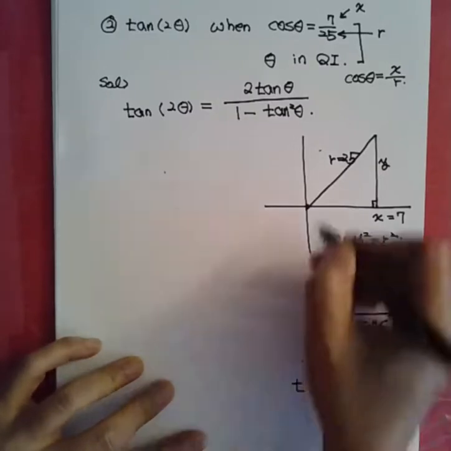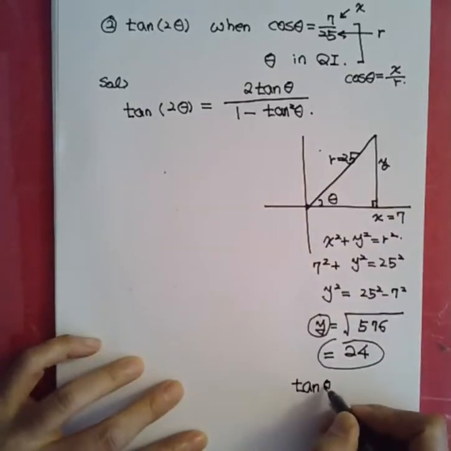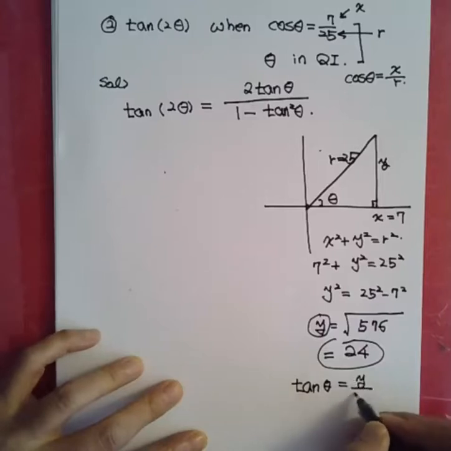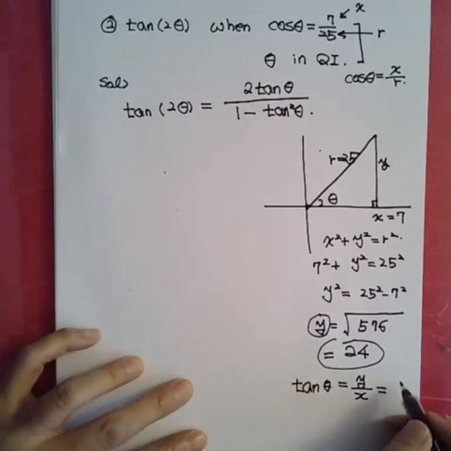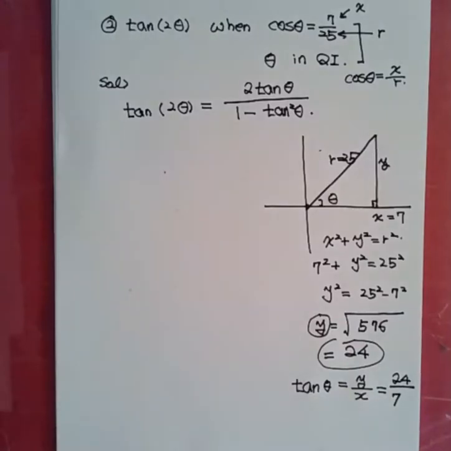So tangent of theta, this is theta, which was defined as y over x, will become y, which is 24, over x, which is 7. So we calculated the tangent value. Then we have to plug that into here.